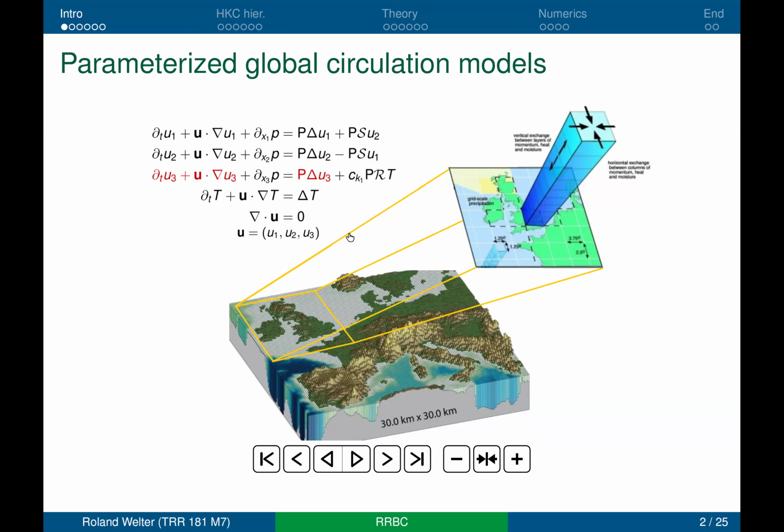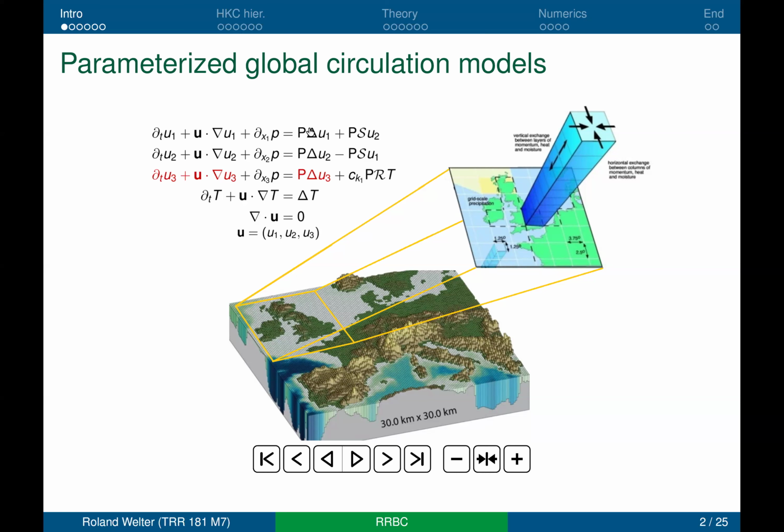You might model the atmosphere with an equation like this, where this is the Navier-Stokes evolution for the velocity, and we have a Coriolis force and a buoyancy force. We have the temperature equation, incompressibility, and you couple these variables for each box together by a discretized version of this PDE.